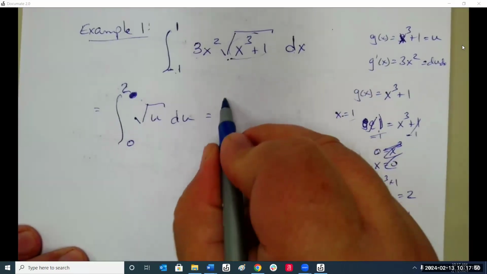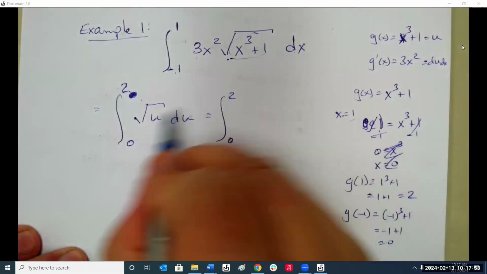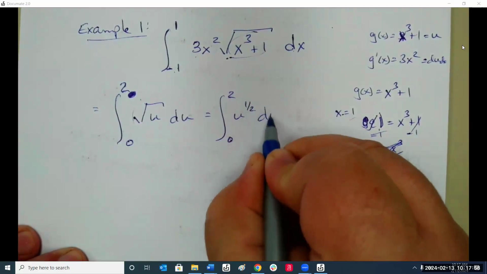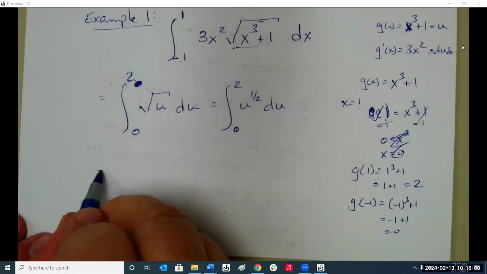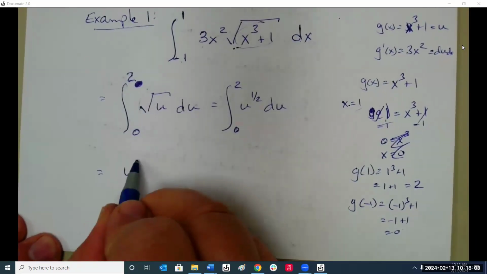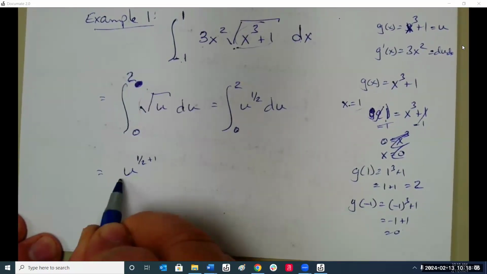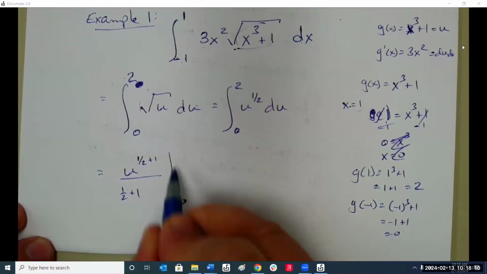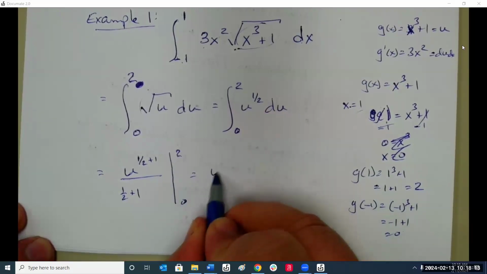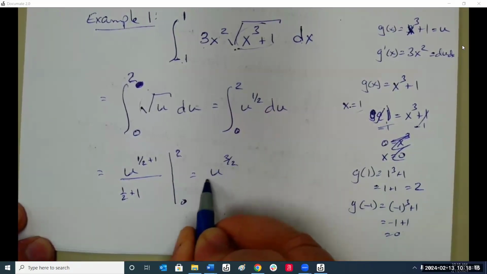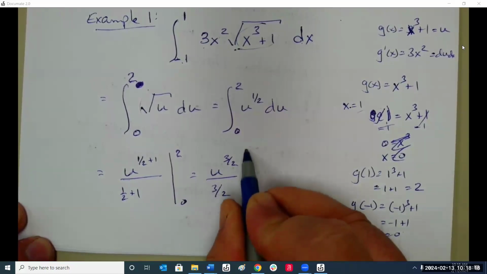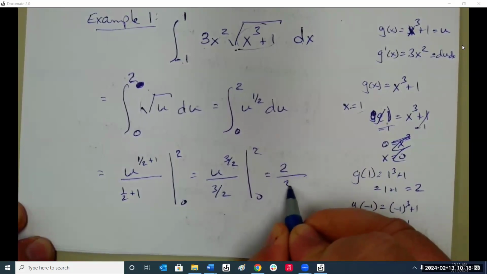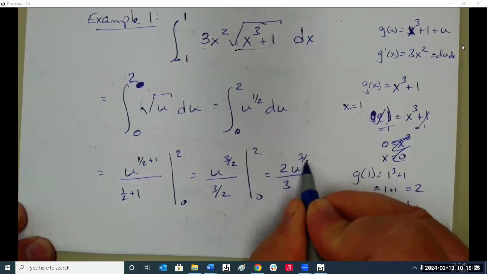So the first thing I do is change the radical to a power of 1/2. So we have u to the 1/2 plus 1 over 1/2 plus 1, which is u to the 3/2 over 3/2 from 0 to 2, which makes it 2/3 u to the 3/2.